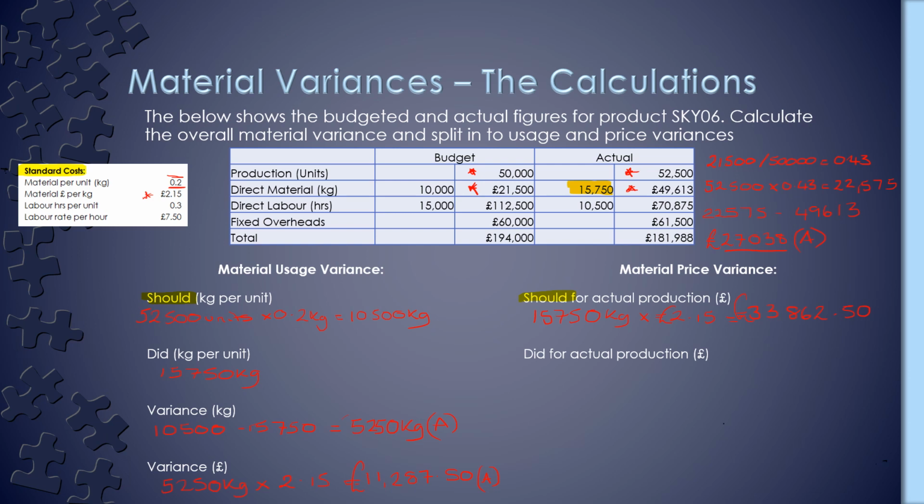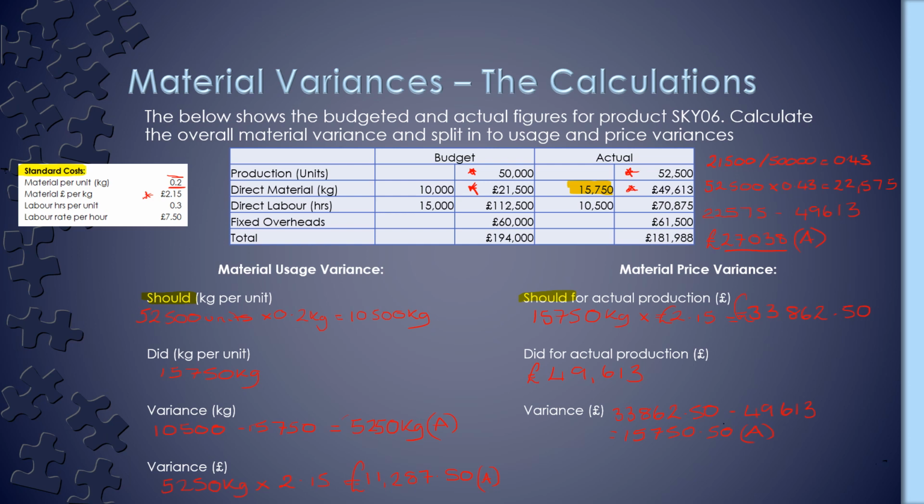But what we did pay for the material used was £49,613. So our actual variance is what we should have paid, £33,862.50, minus what we did pay, £49,613, and that gives us £15,750.50 adverse variance, because we've paid more than we should have done.